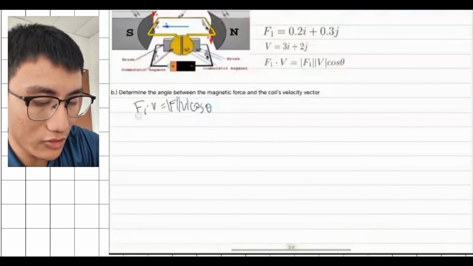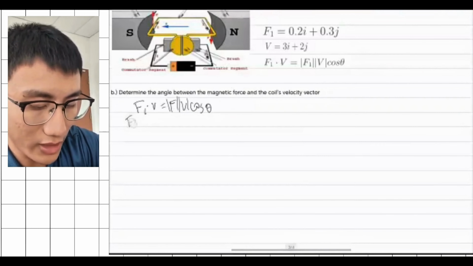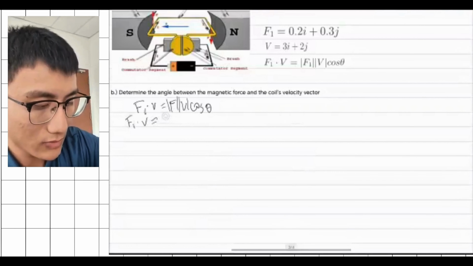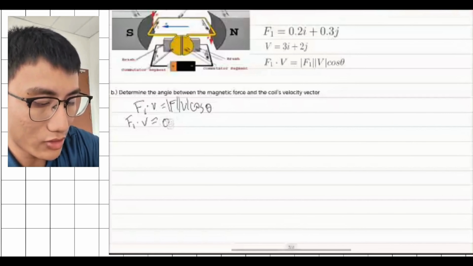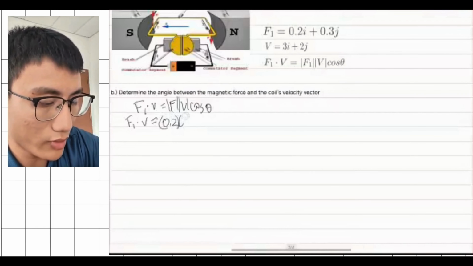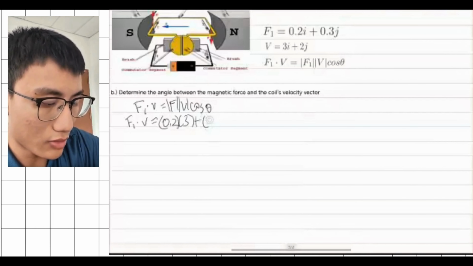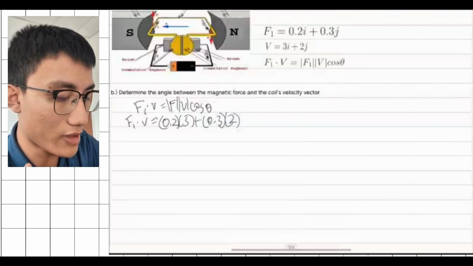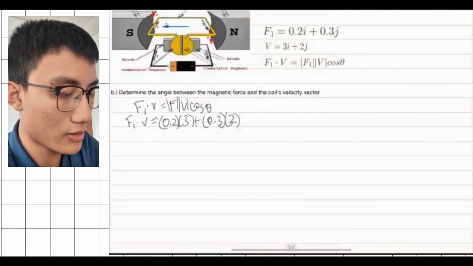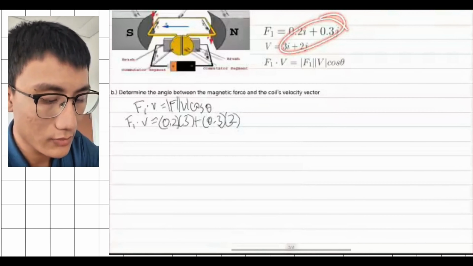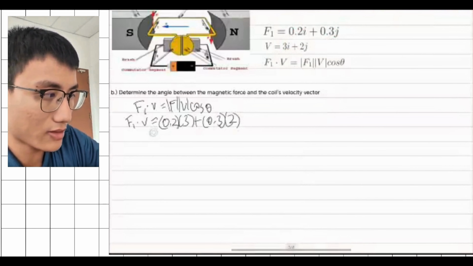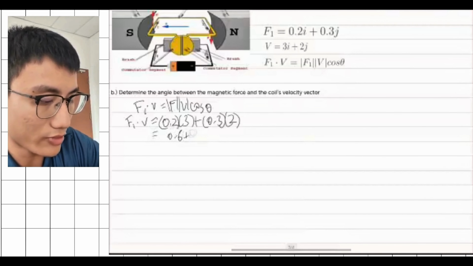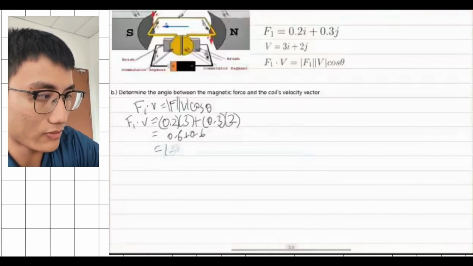First of all, we need to find the value of F1 dot V, which is 0.2 multiplied by 3 plus 0.3 multiplied by 2, because the values of V and F1 are given here. Now let's solve it. We get 0.6 plus 0.6, so we get 1.2.